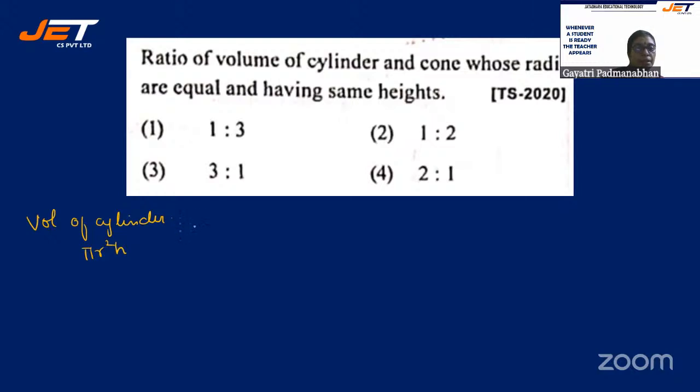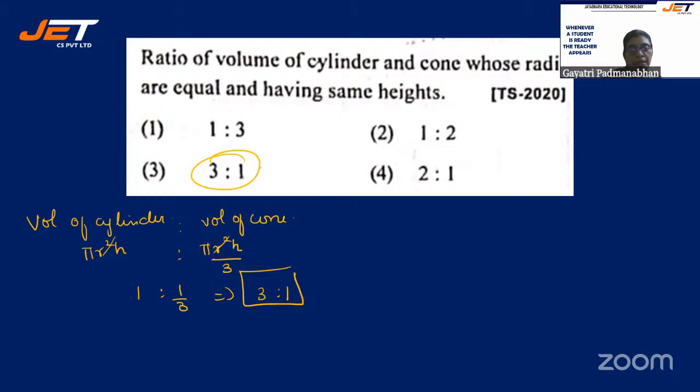Next, volume of cone. What is volume of cone? 1 by 3 pi r square h. So this gets cancelled, means it is 1 is to 1 by 3, which implies, cross multiply, 3 is to 1. So this would be the ratio. Option 3.